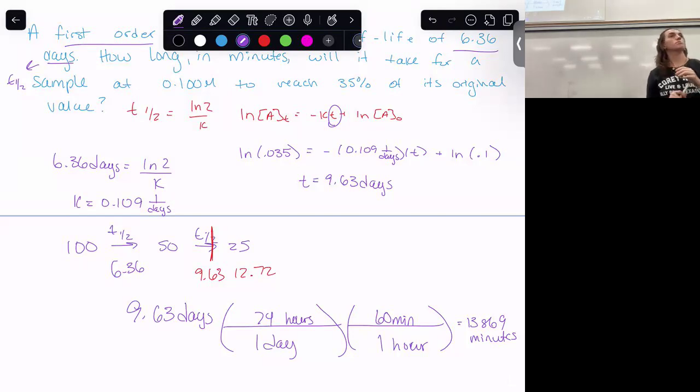It would be the same premise for the zero order and second order, just using those equations. If it's zero order, you use your zero order equation, and if it's second, you use your second order equation.